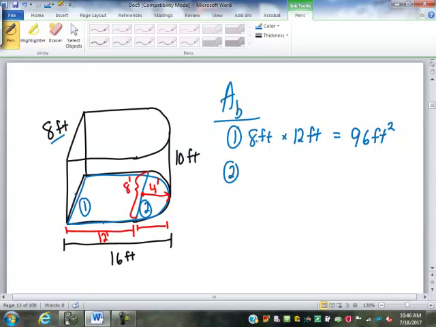Our half circle then is pi times, I just said the radius is 4, squared, divided by 2. Pi times 4 squared is 50.24, divided by 2 is 25.12 square feet.